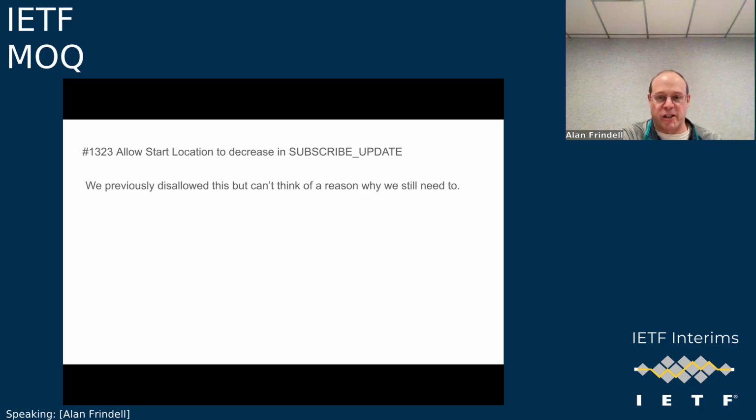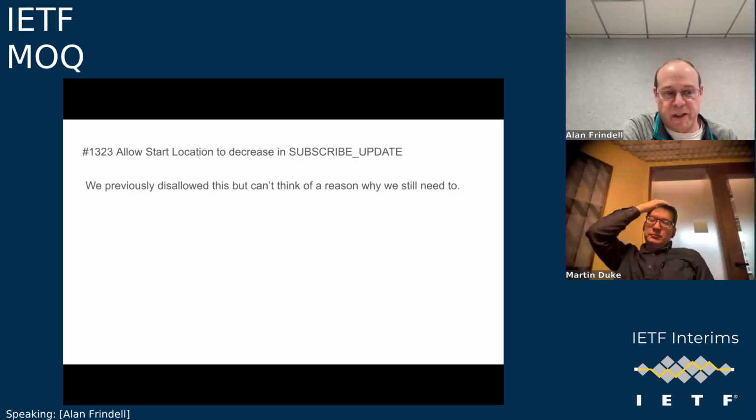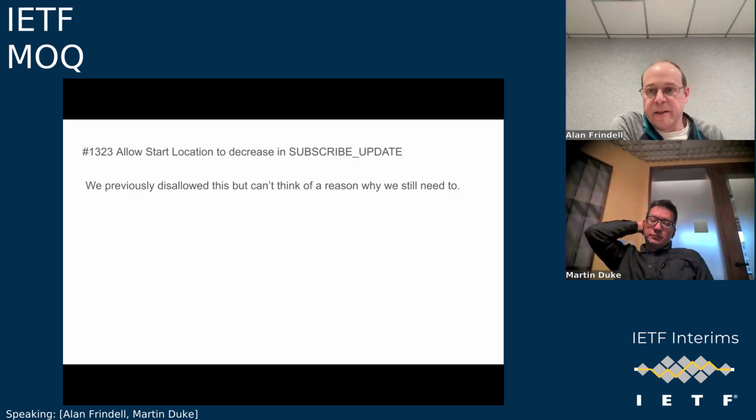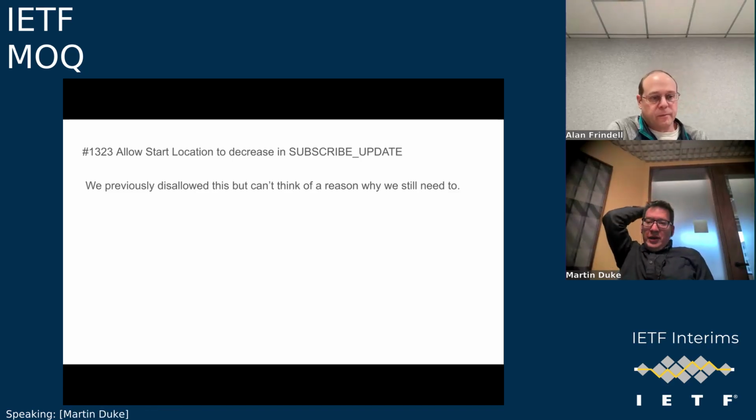I'm going to guess the question is, what if you do want to give normative relay handling to a case where you saw a track from a certain point and then you see part of that track from earlier. Martin? So we have a thing that subscribes can't end except on group boundaries.